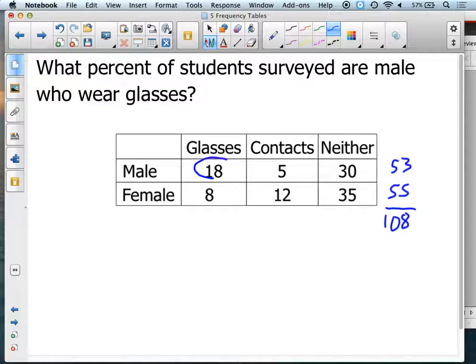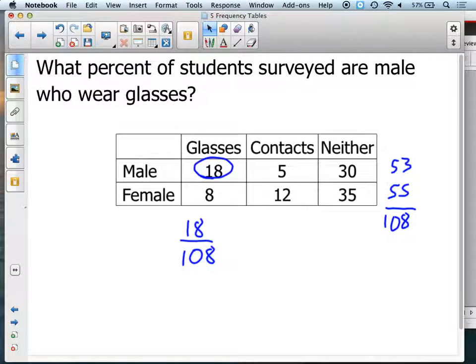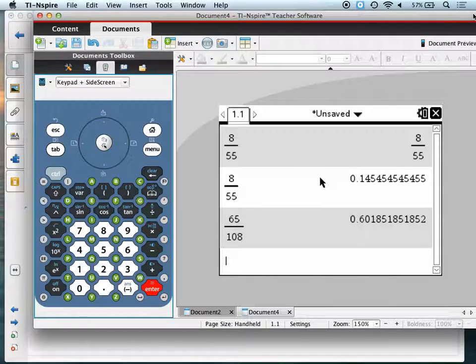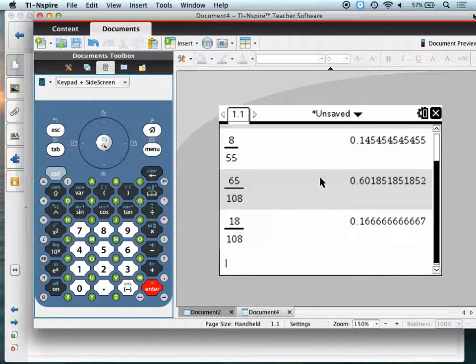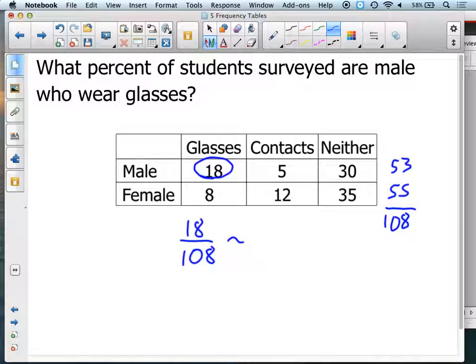Males who wear glasses, that's 18. So our percentage is going to be 18 out of 108. Let's see what that's going to be. 18 divided by 108. Again, let's round to the nearest percentage. Let's say 17%. About 17% of our students are males who wear glasses.